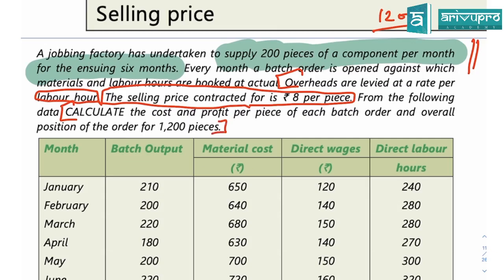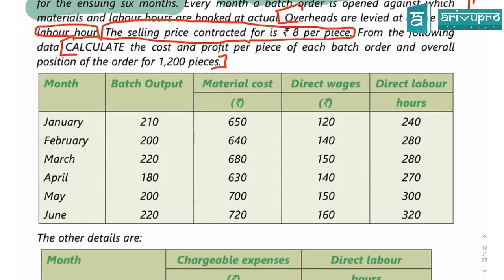Okay. Guys, now simple thing. Let's try understanding. I know per batch this is what it is. Right? My each batch has an output different, 200, 210. What is the selling price?